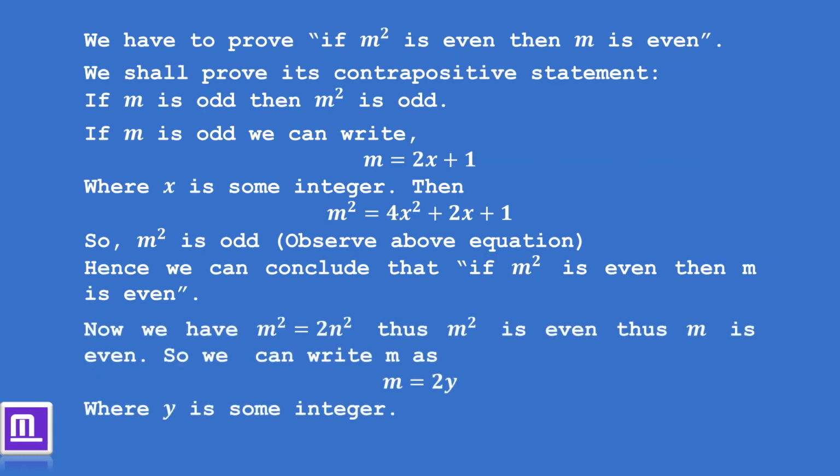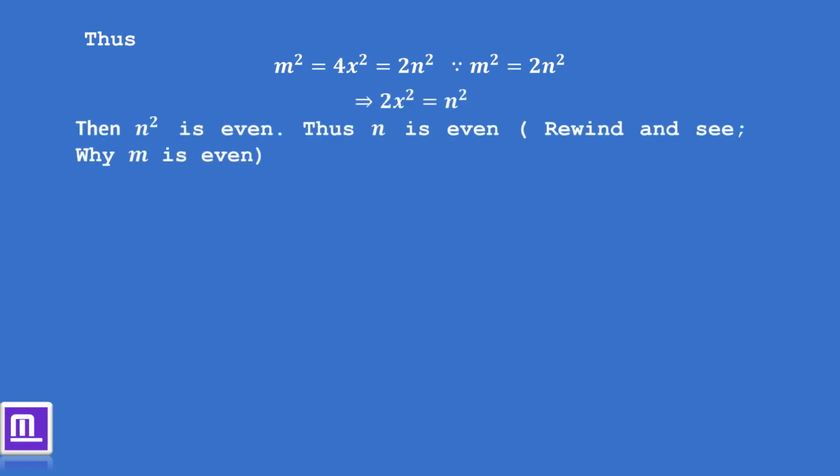Now we have m square is equal to 2n square, thus m square is even, thus m is even. So we can write m as m is equal to 2 into y, where y is some integer, or in the place of y you can take x also. m square is equal to 4x square is equal to 2n square, because m square is equal to 2n square, and therefore we can write n square is equal to 2x square also.